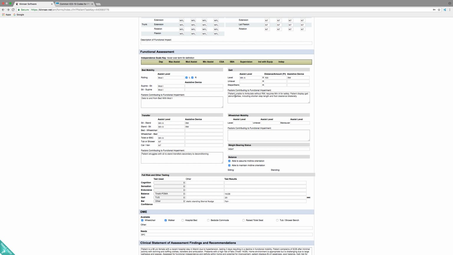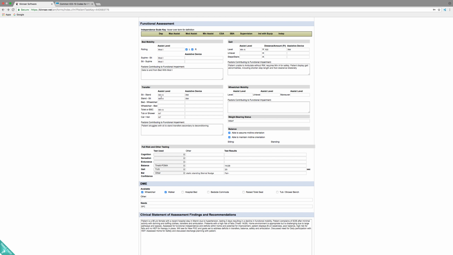So in this situation, patient unable to ambulate without rolling walker, requires min assist for safety. Patient displays gait abnormalities, including short step length and foot clearance bilaterally. So we just can't put down min assist 100 feet and then leave this blank. That is an incomplete document.